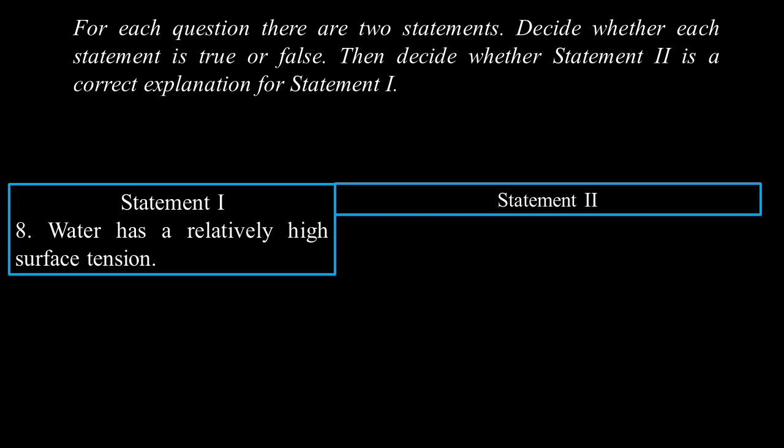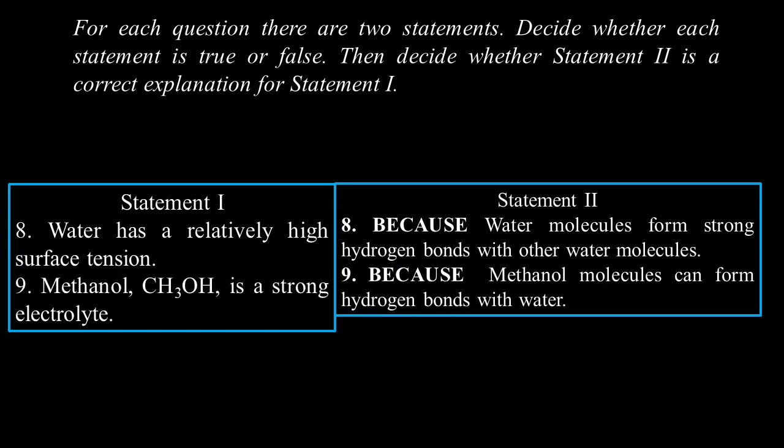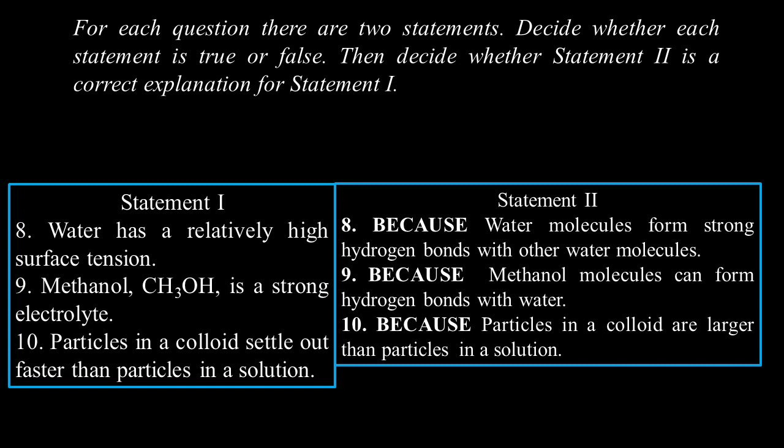Water has a relatively high surface tension because water molecules form strong hydrogen bonds with other water molecules. Methanol is a strong electrolyte because methanol molecules can form hydrogen bonds with water. Particles in a colloid settle out faster than particles in a solution because particles in a colloid are larger than particles in a solution.